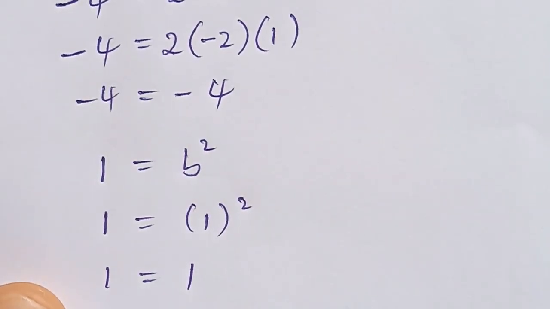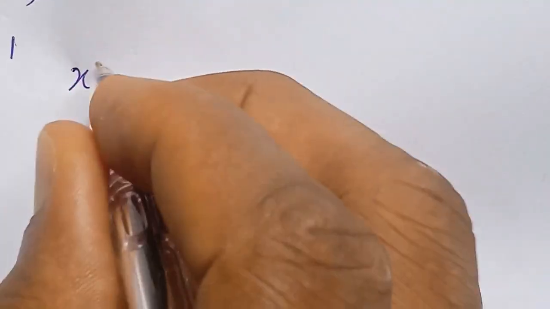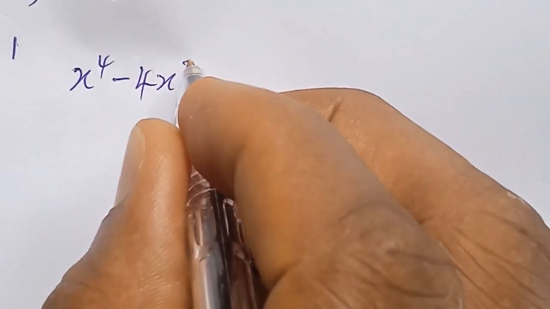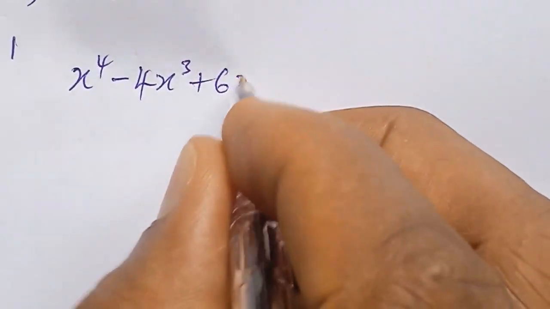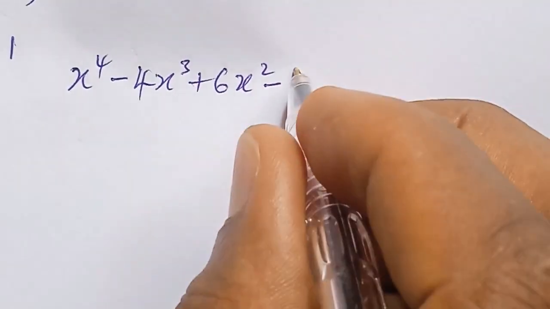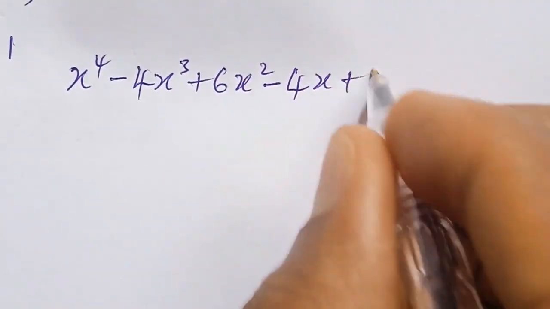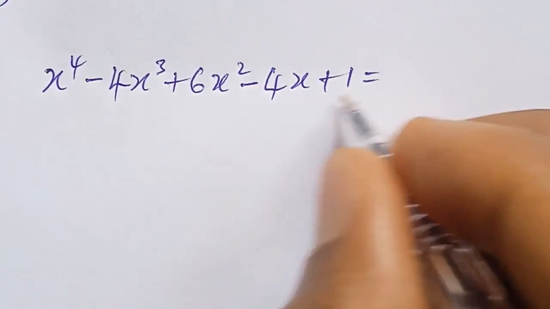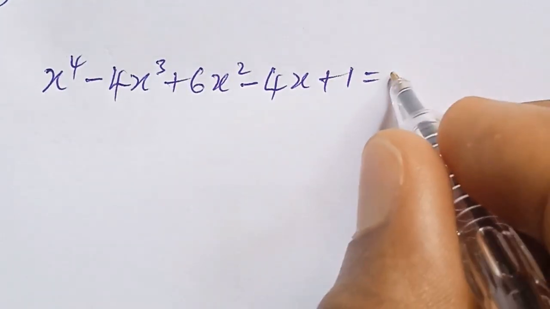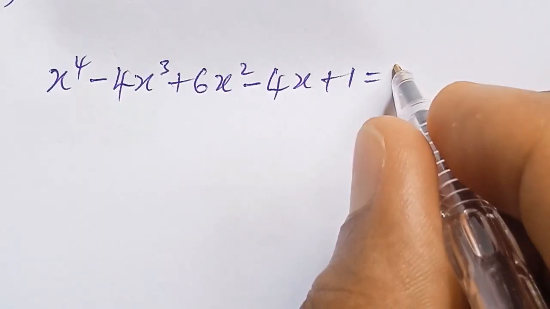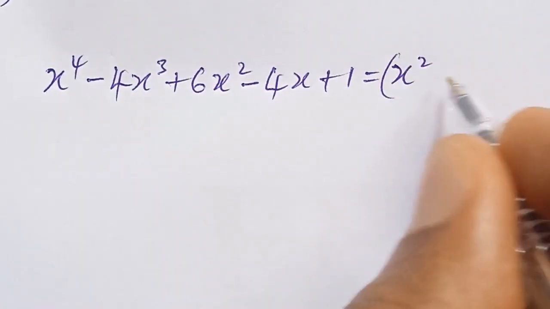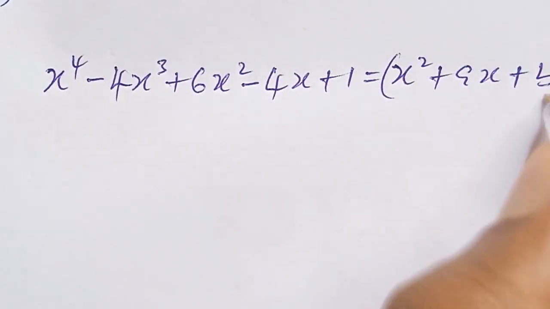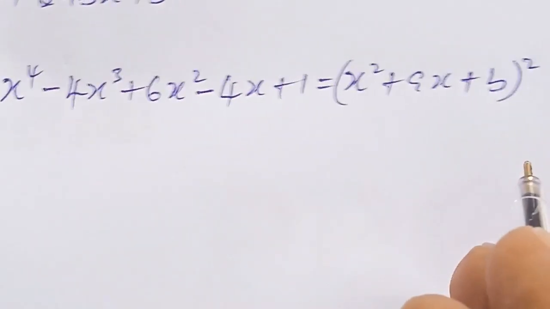We have x to the power of 4 minus 4x cubed plus 6x squared minus 4x plus 1 will now be equal to, using our expansion, (x squared plus ax plus b) to the power of 2.